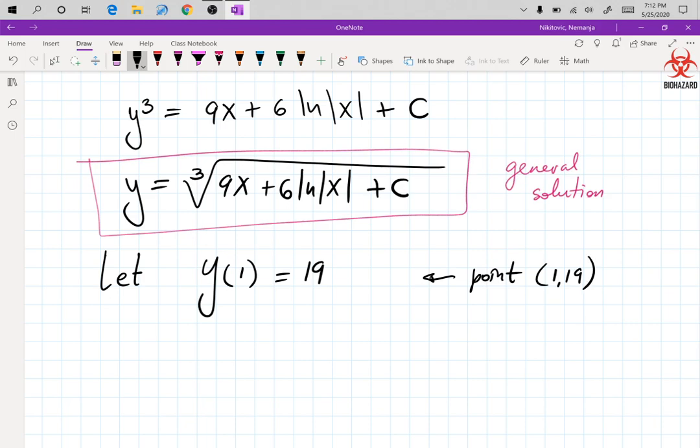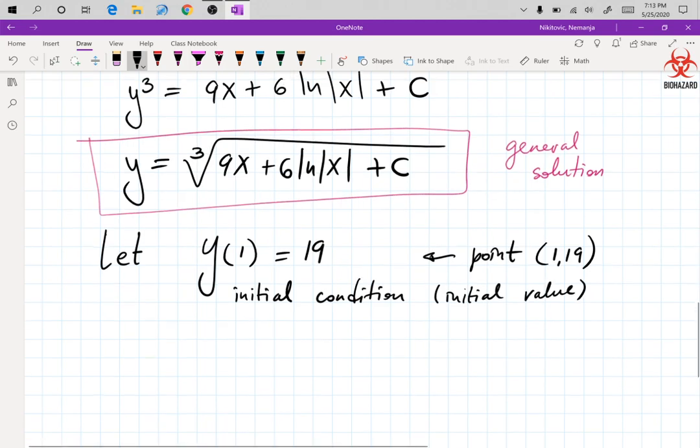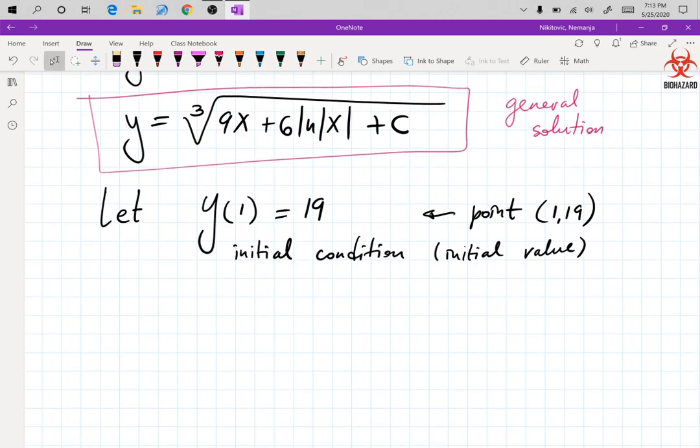When you have a point like this, which is called an initial condition, or you can also call it an initial value, we can calculate C. Let me write that in blood. Now we can calculate C.